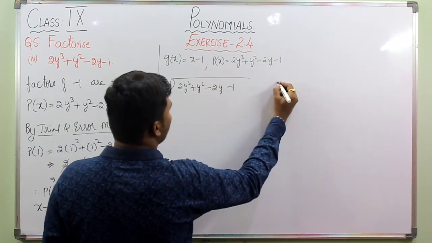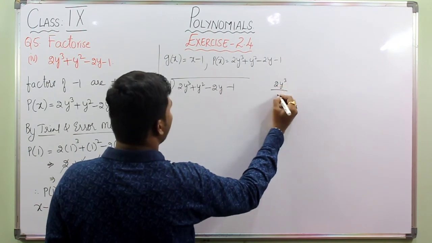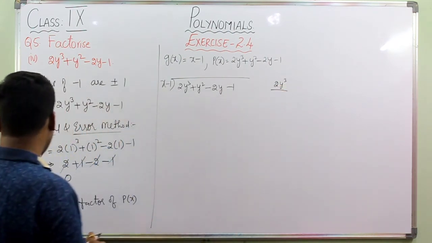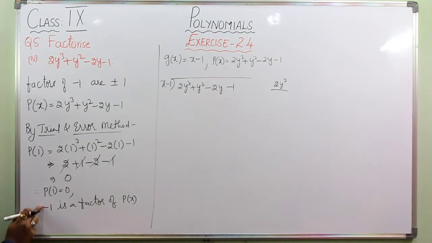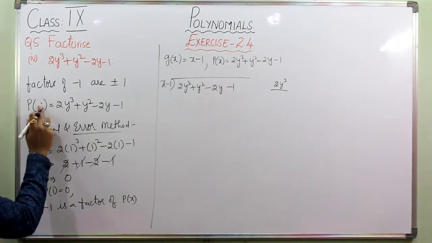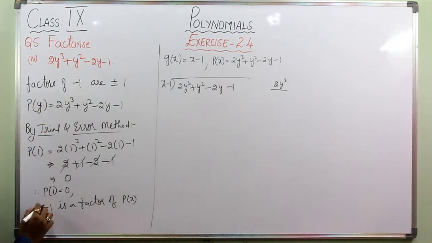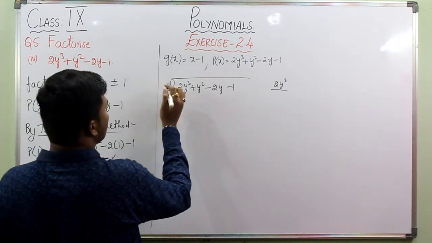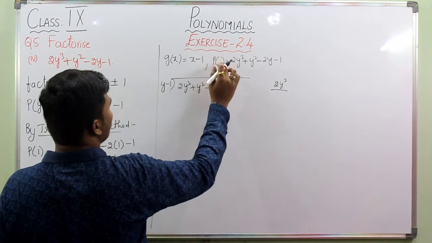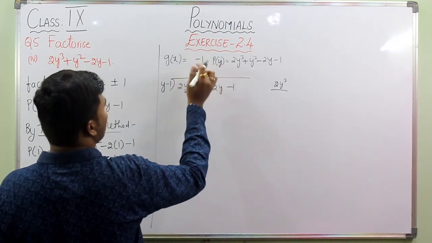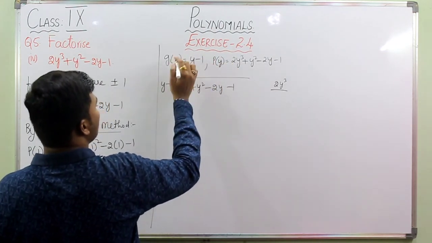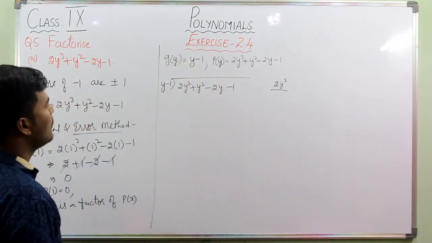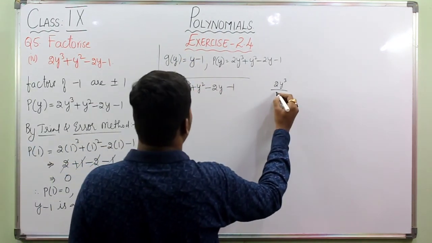Same procedure, first term here is 2y cube divided by y, because our given question is in terms of y, right?